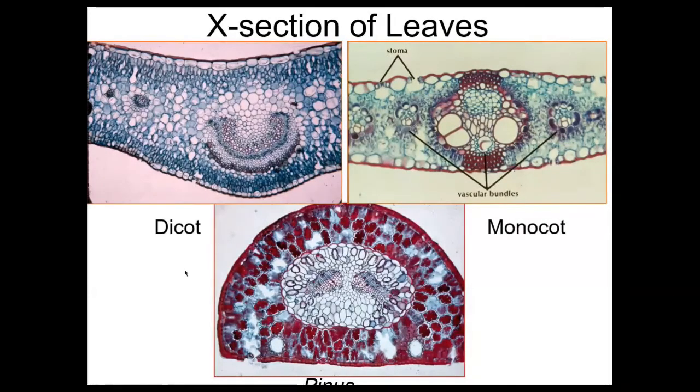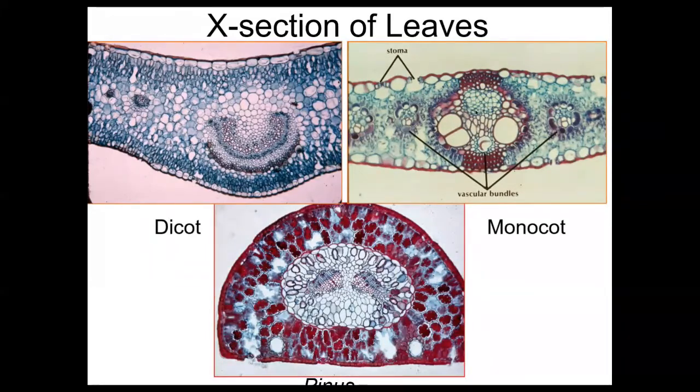All right, now we got a cross-section of a dicot, a cross-section of a monocot, and a cross-section of the gymnosperm. Both top ones are angiosperms. Now, if you think about this, you'd have to go back to where we started this morning, but in a leaf, the phloem is going to be on the lower surface, and the xylem is going to be on the upper surface for the most part.